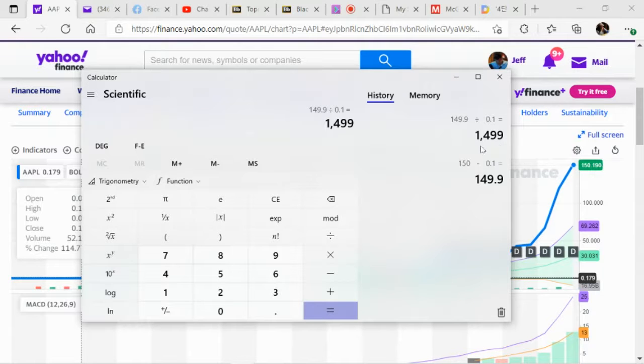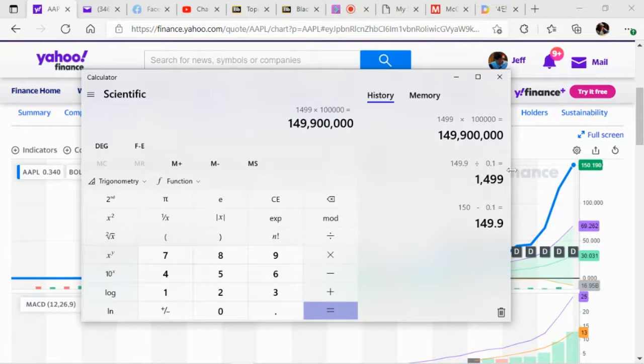What is that? 100,000 times one, so just times 100,000. Just add 5 zeros, right? 149 million, 149 million. Right.